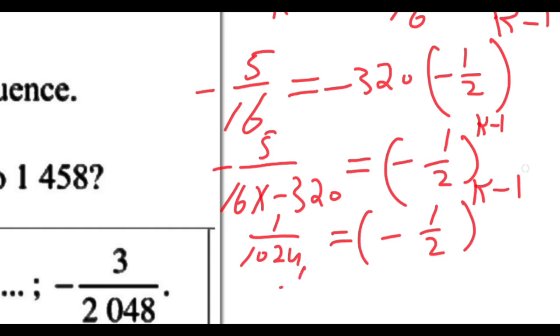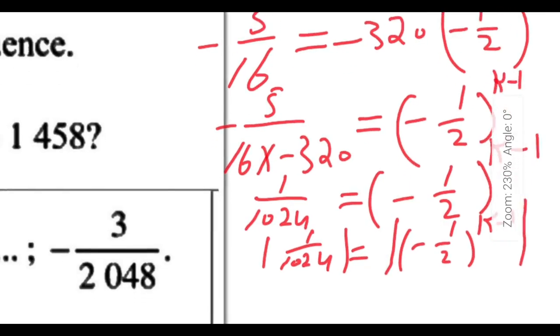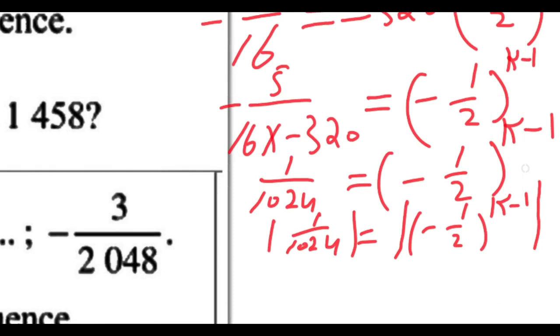So the absolute value of 1 over 1024 is equal to the absolute value of negative 1 over 2 to the power k minus 1, with two vertical bars. This is absolute value. Absolute value removes the negative sign from a number, so the number becomes positive.